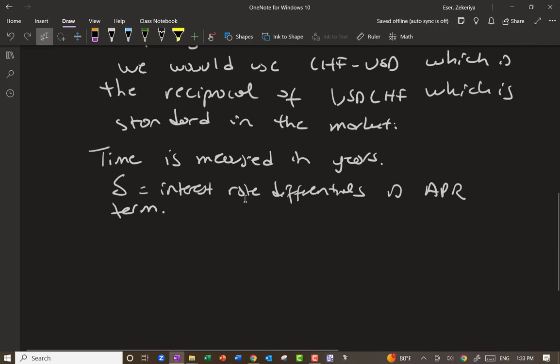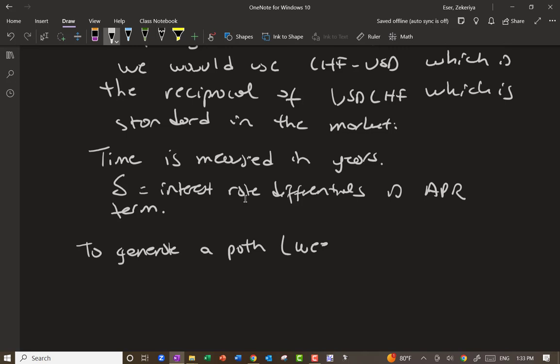Basically, what we're going to do to generate a path of weekly prices, we will set delta t equal to 1 over 52. Remember, 52 weeks in a year.